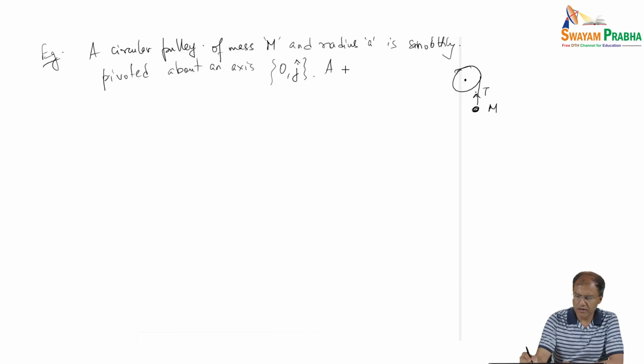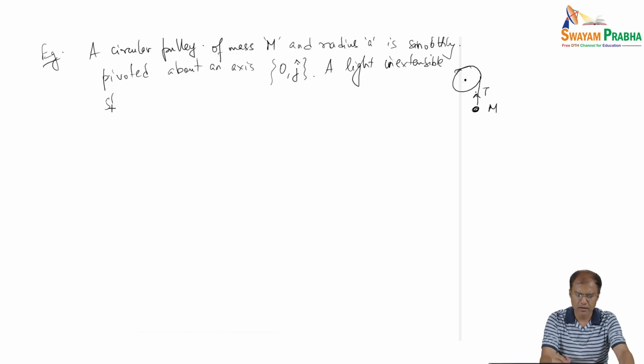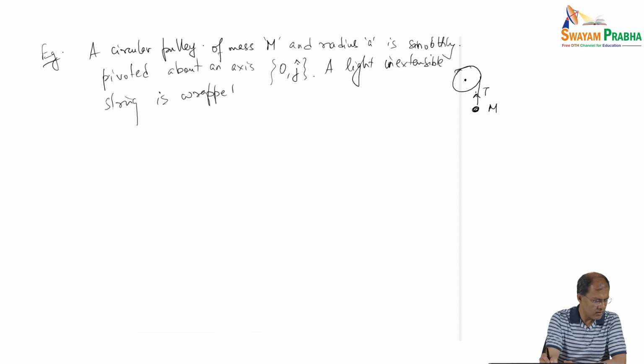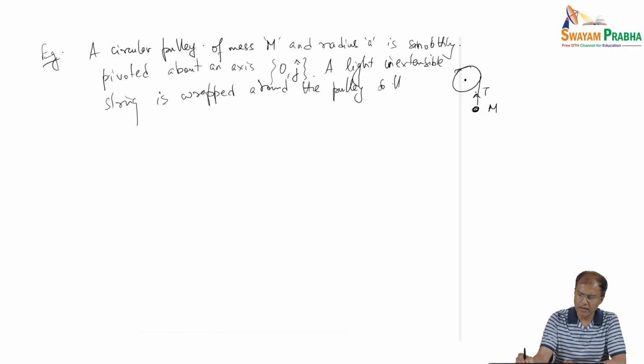Let me write this statement: a light inextensible string is wrapped around the pulley so that it does not slip, right?